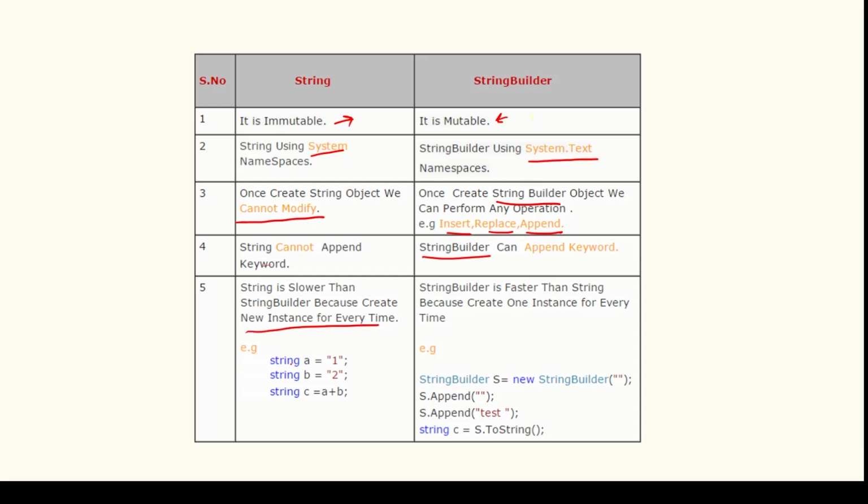If we take this example, string a equal to 1, b equal to 2, and when we say c equal to a plus b, in this case, three different strings will be created, right? Whereas we can achieve the same thing using the append method. In this case, C# will not create multiple objects for us.